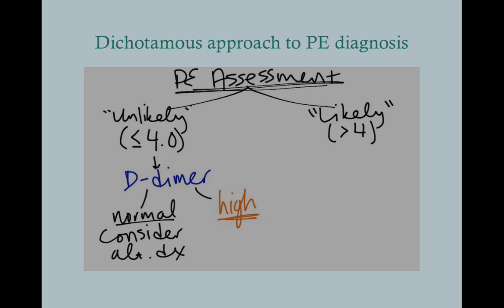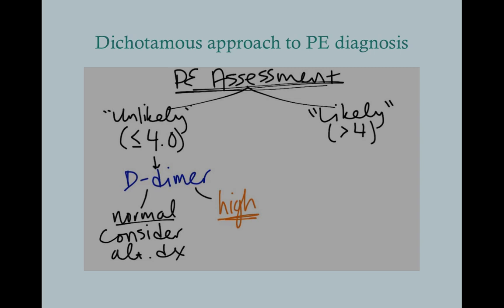If the D-dimer, however, is high, you can't rule it out. So if the patient's already kind of questionable for PE, getting that D-dimer is really useful because if it's normal, you can rest assured rule out pulmonary embolism. If it's high, however, then you're going to need to continue investigating.